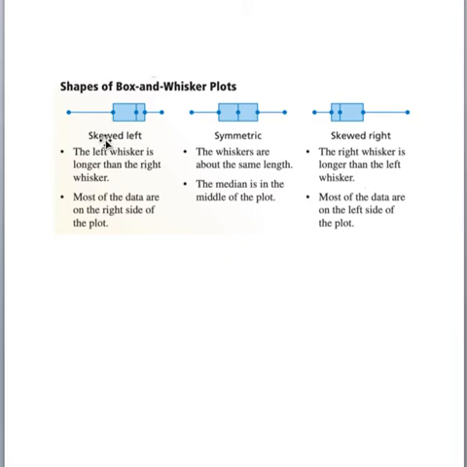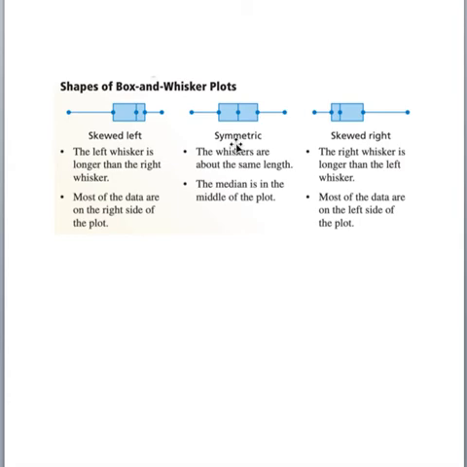The key in telling which vocab word to use here is to look at the whiskers. You can clearly see here how the left whisker is far more spread out than the right whisker. When you see something like that, you would use the vocabulary skewed left. The left whisker is longer than the right whisker. Most of the data are on the right side of the plot.